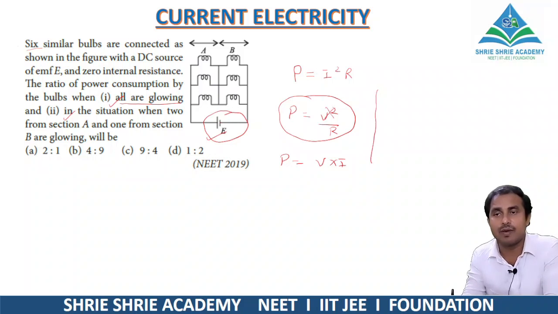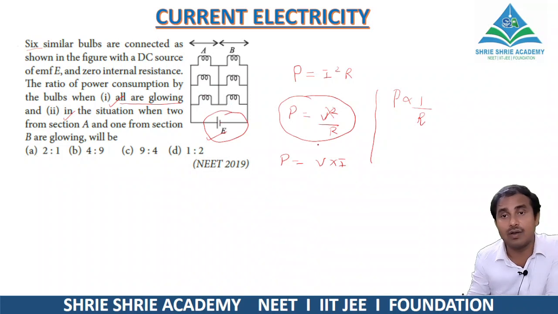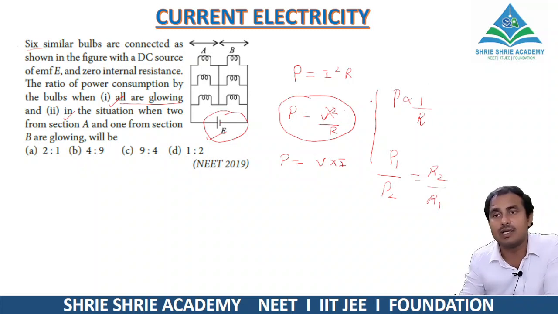Power in the first situation by power in the second situation is equal to resistance in the second situation by resistance in the first situation, because here voltage remains the same and power is inversely proportional to resistance, right?